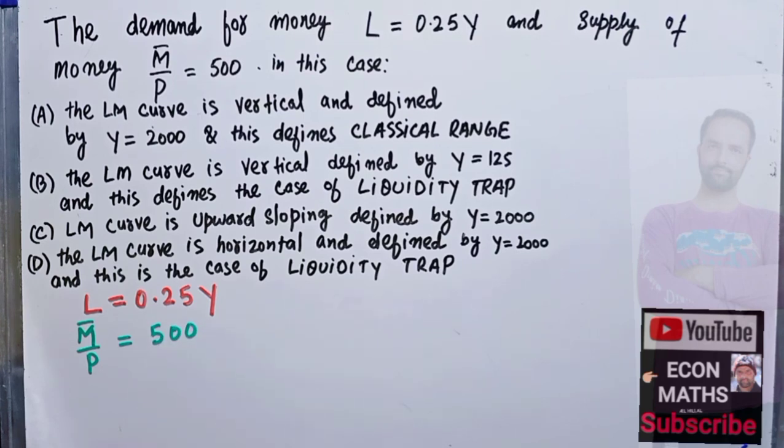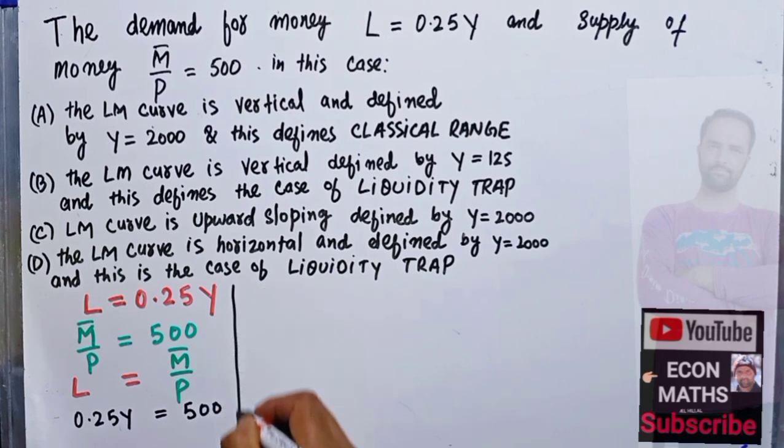Now for money market equilibrium, we know that demand for money should be equal to supply of money. Let us write it in this fashion: demand for money L should be equal to the supply of money, that is M bar upon P, which implies 0.25y should be equal to 500.